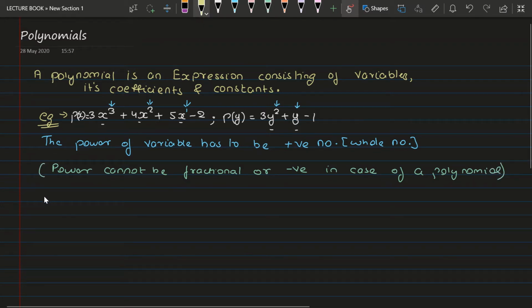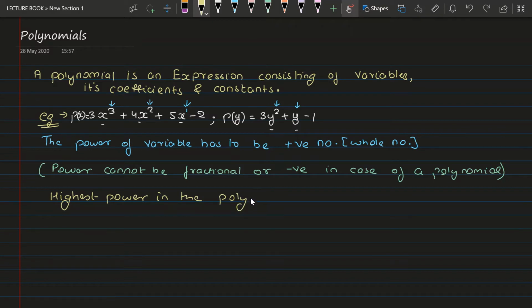And the highest power in the polynomial is called the degree of the polynomial.